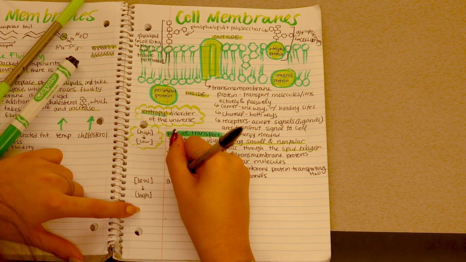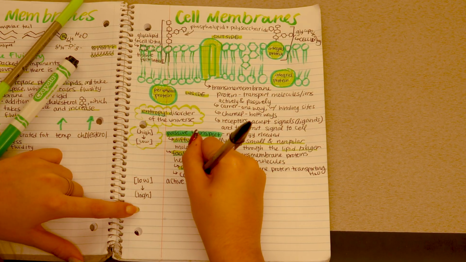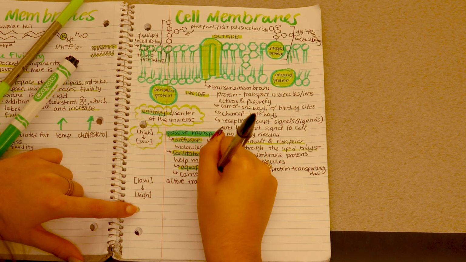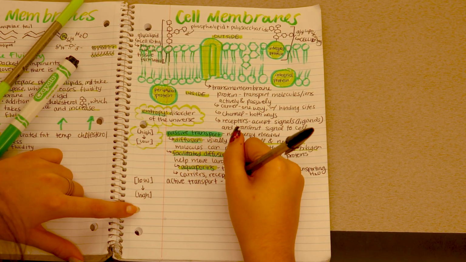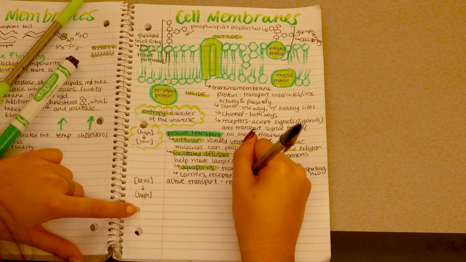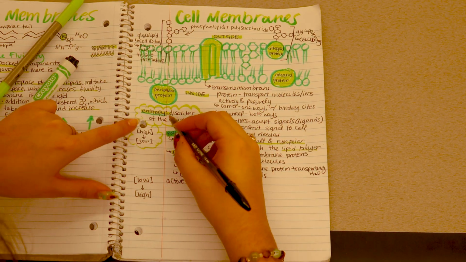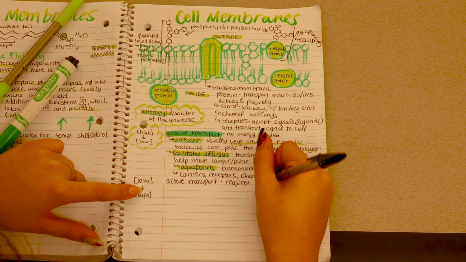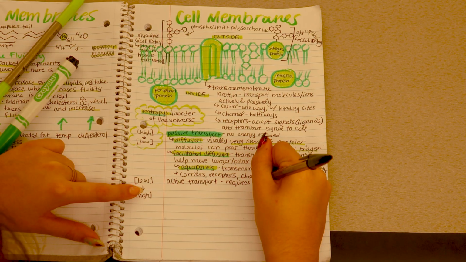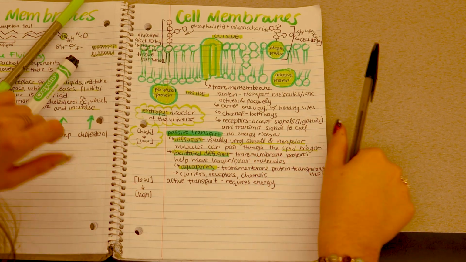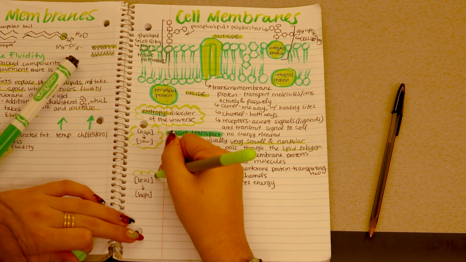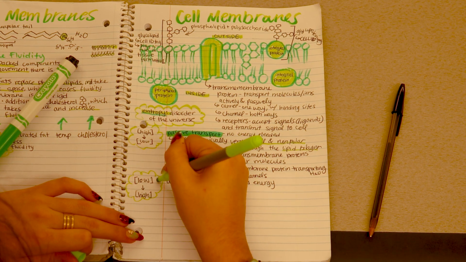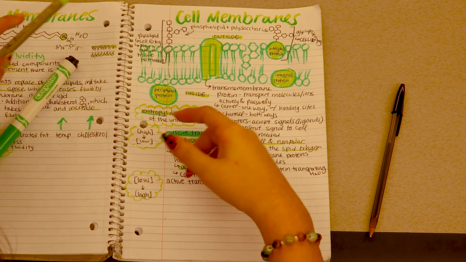Now we'll look at active transport. It does need energy, because we're decreasing entropy, and that is not favorable. Okay, so we're going from low to high concentrations.